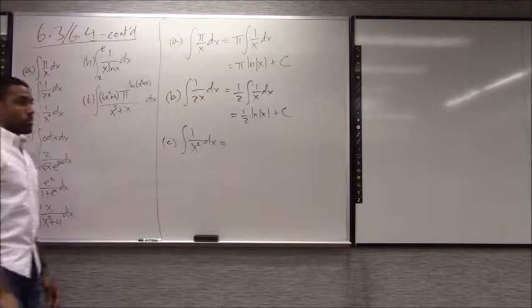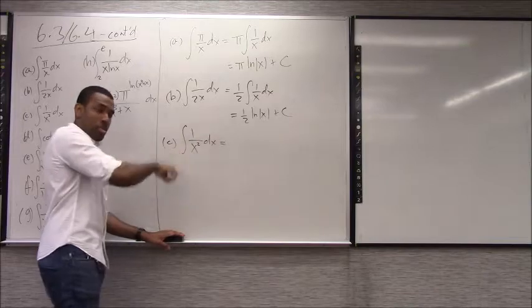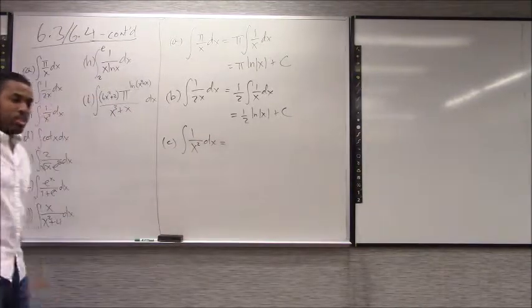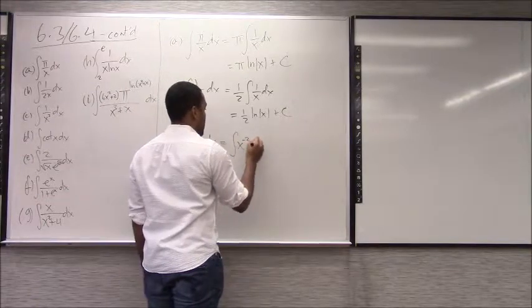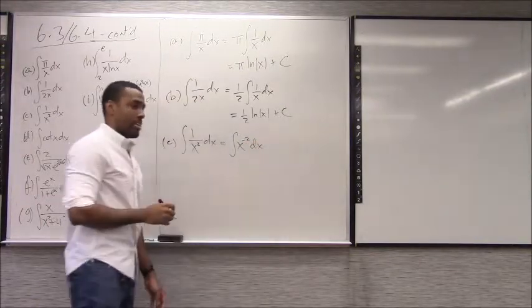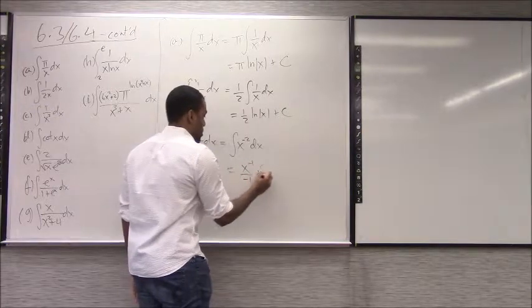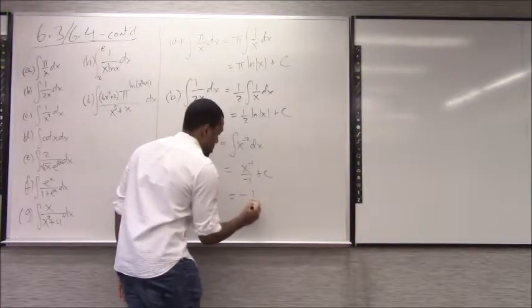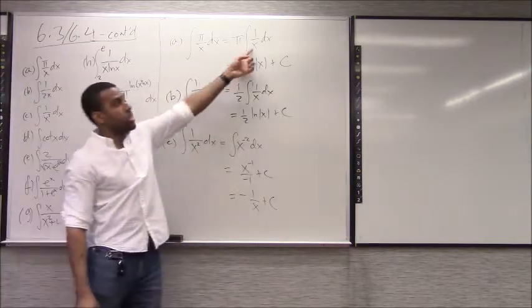Maybe 1 over x. Okay. I wanted to see if anyone would think that this is ln of x squared. It is not. You would write it like that, and then do the power rule. It's only ln if it's linear in the denominator.